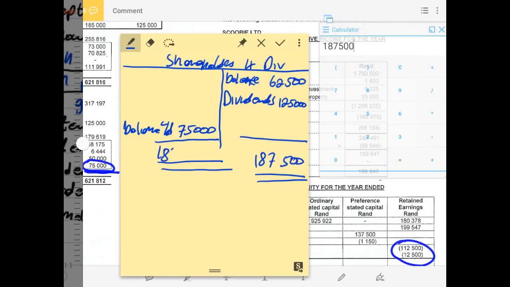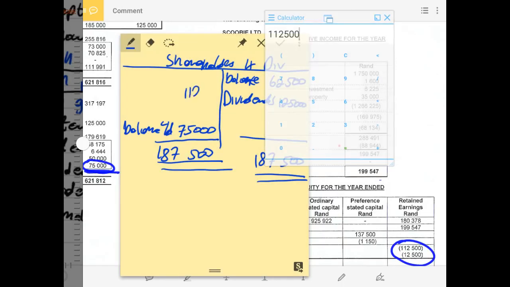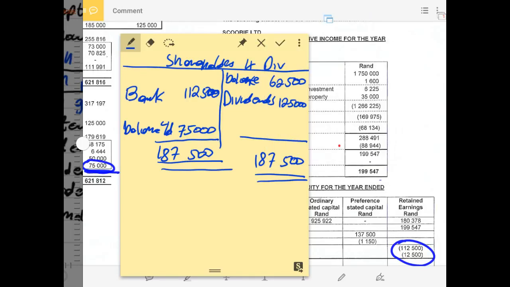Then we say minus the debit side, which is 75,000, and this will give us 112,500. And that 112,500 will be under the contra entry called bank, because this is the money that you would have paid to our shareholders in the form of dividends.